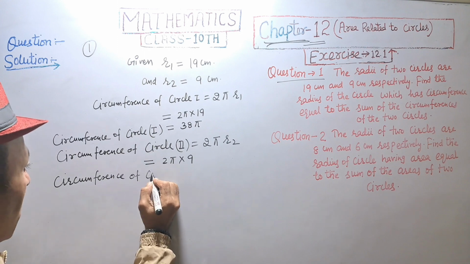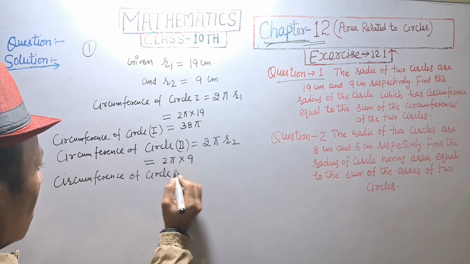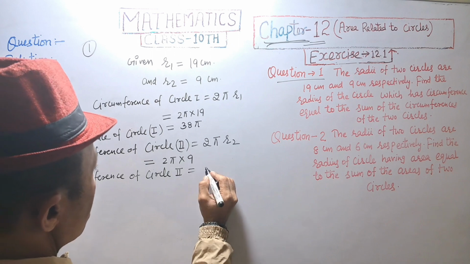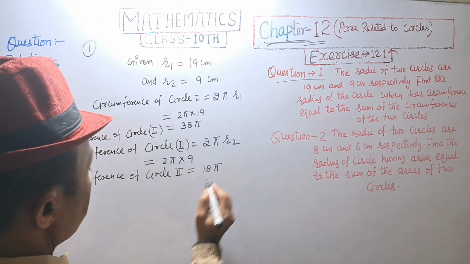Circumference of circle 2 is equal to 18 pi.